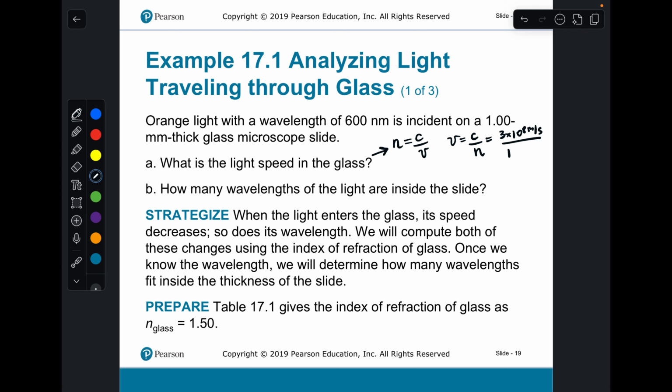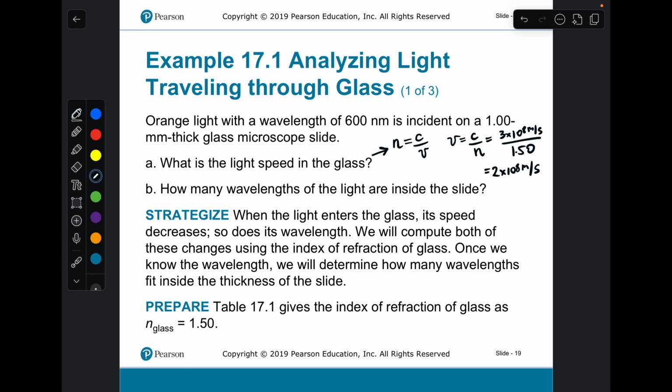Glass has an index of 1.5, and you can go back to the table to see that. So we're going to take 3 times 10 to the 8 divided by 1.5, and we get 2 times 10 to the 8 meters per second. So that's how fast the light is traveling in the glass.